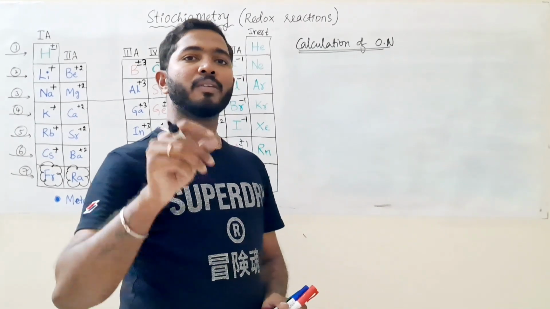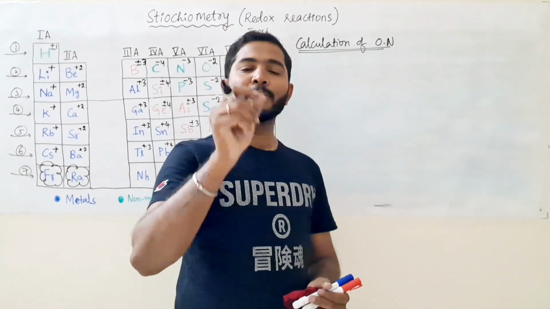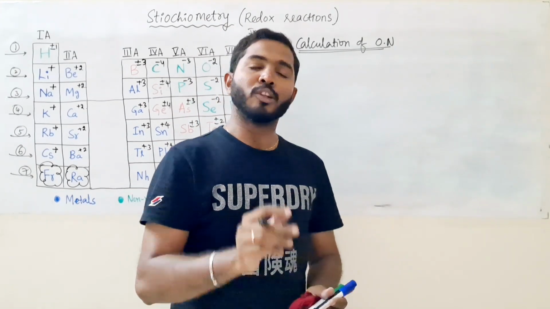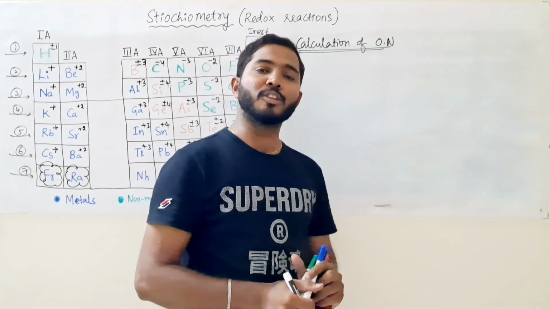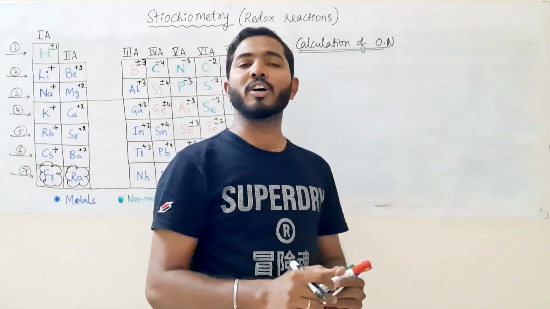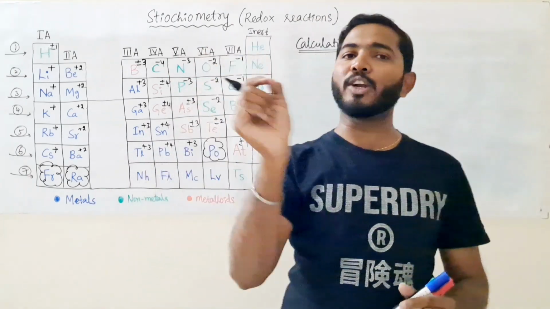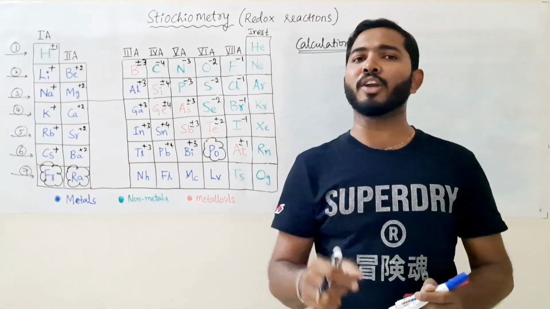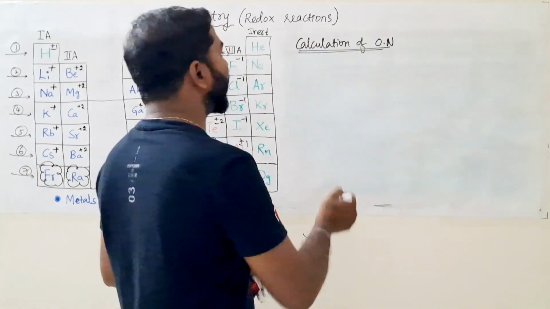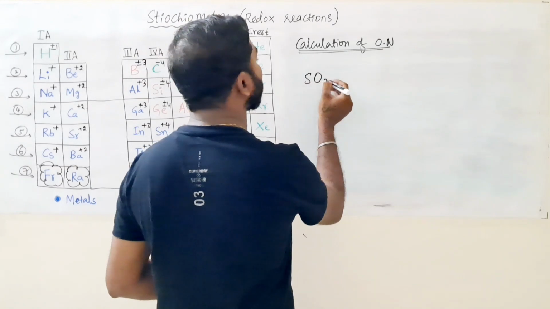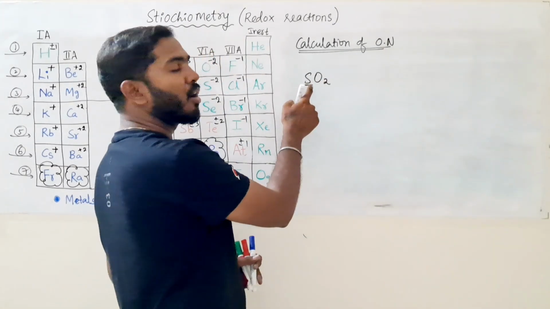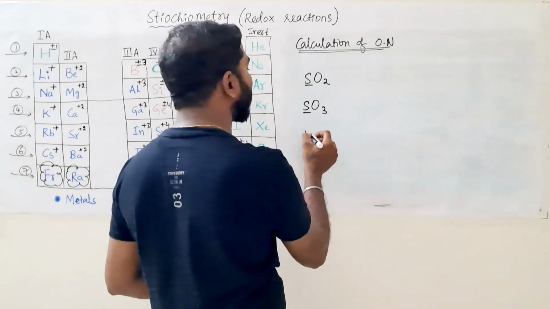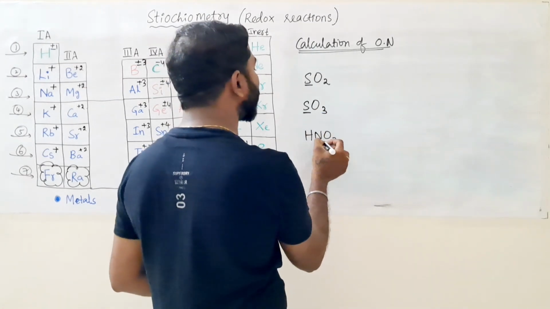Now I am going to give few molecules and I am going to underline for which element we need to calculate. Okay. So just you try to write down these molecules and calculate the oxidation numbers and then try to give your answers in the form of comments. I'll be observing, I'll be replying to all your comments. Okay. So just let me give you few compounds and then we need to calculate the oxidation number for sulfur and then for sulfur in this and then even HNO3 in this.